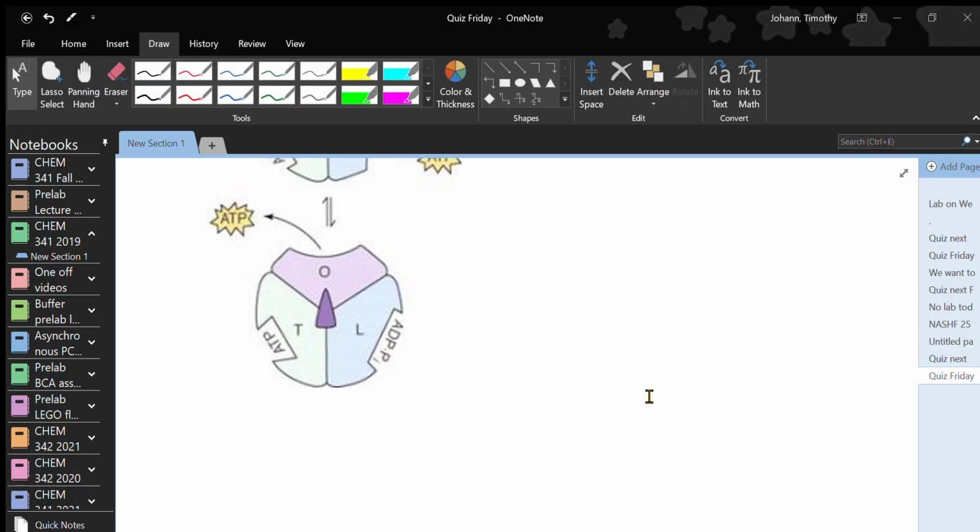So it's 3 protons in, this thing turns 120 degrees, the domain changes shape to something that goes through a process of grabbing ADP and phosphate, making ATP, and letting go of ATP.